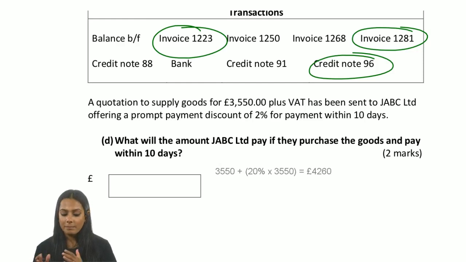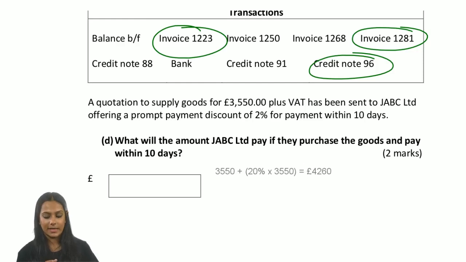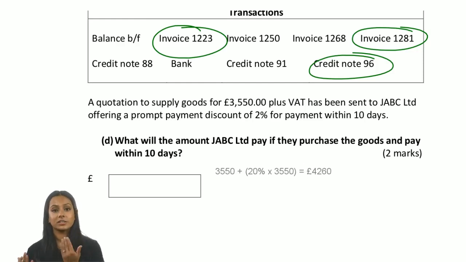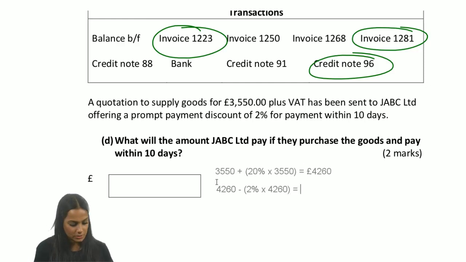But the prompt payment discount is 2% for payment within 10 days. And if the customer does pay within 10 days, they'll pay us 4260, take away a 2% discount. So 4260, take away 2% of that.